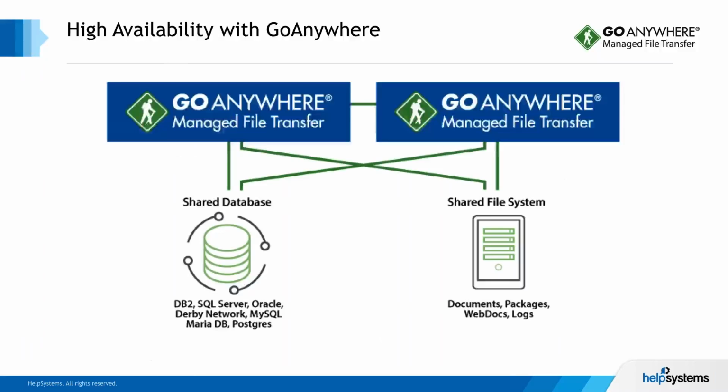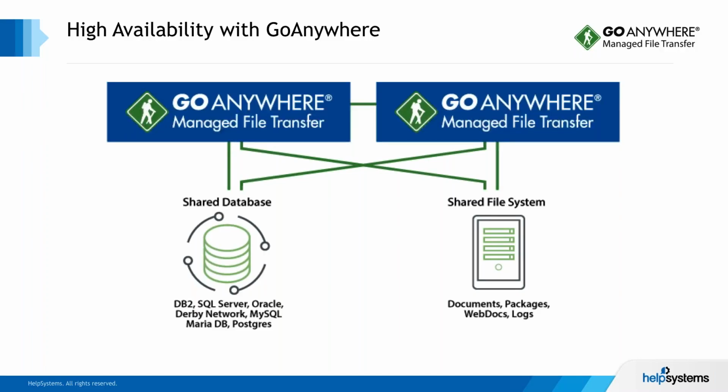Thought I'd show a couple of diagrams here that may help to see what this looks like. If we've got two GoAnywhere MFT instances running in a cluster, then you've got a shared database and shared file system that the two nodes will use. This is going to be their way of communicating and not duplicating any work. And as you can see there in the snippets, we support all the major players for the shared database.